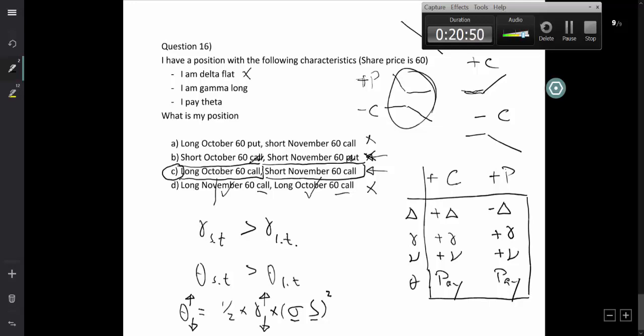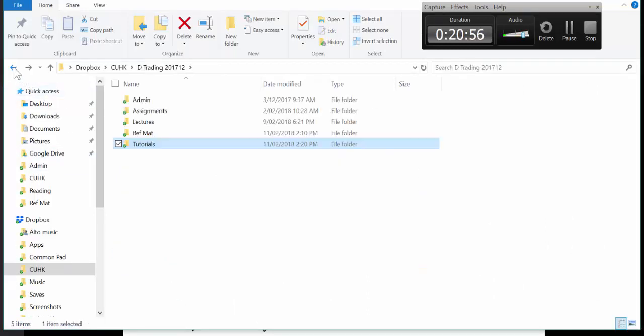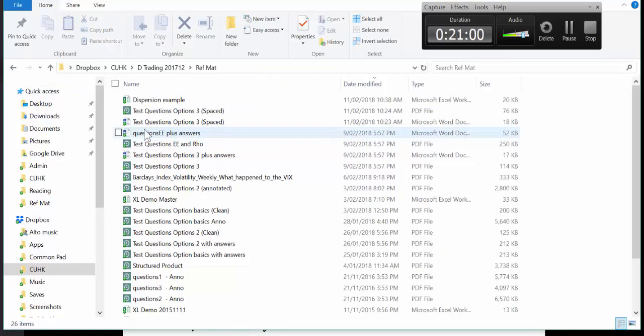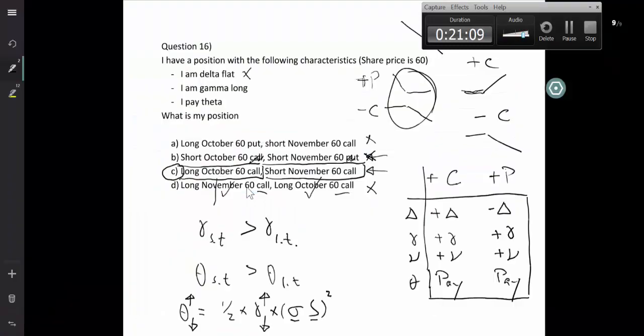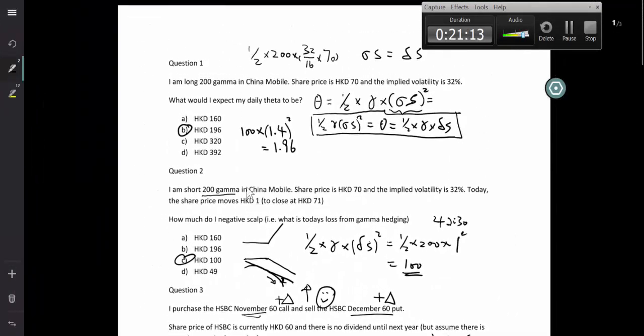All right. Now let's have a look at the other set. Everyone is okay with that? I want to have a look at question set number 2. This one also is already in Blackboard.